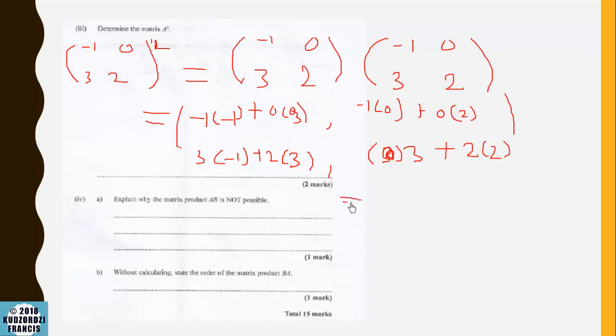So this will give us 1 over here, then 0 over here, then 6 minus 3, so 3 over here, then 4 over here.